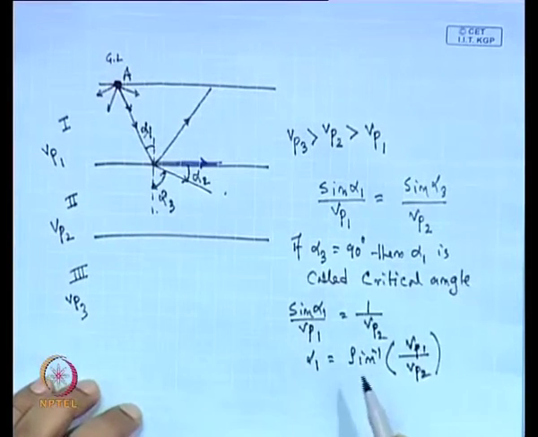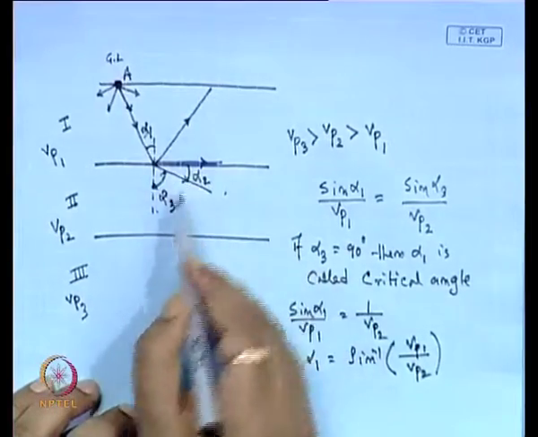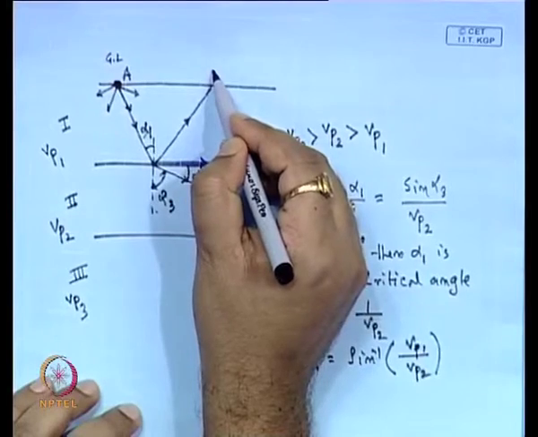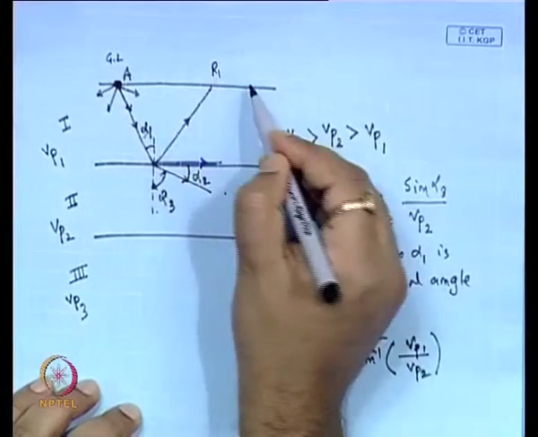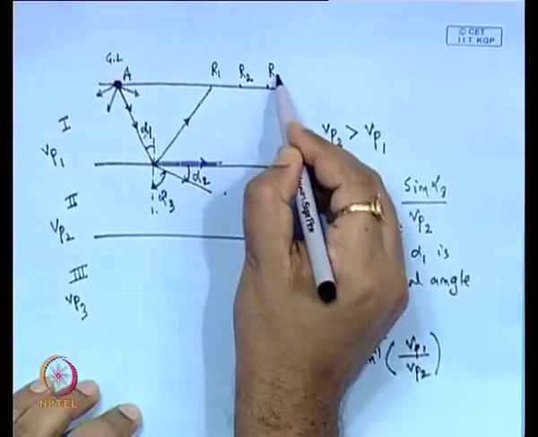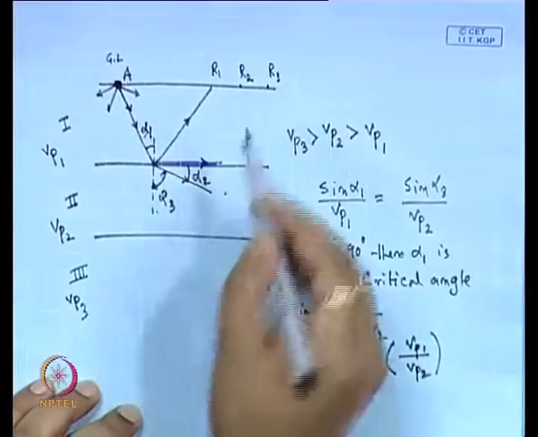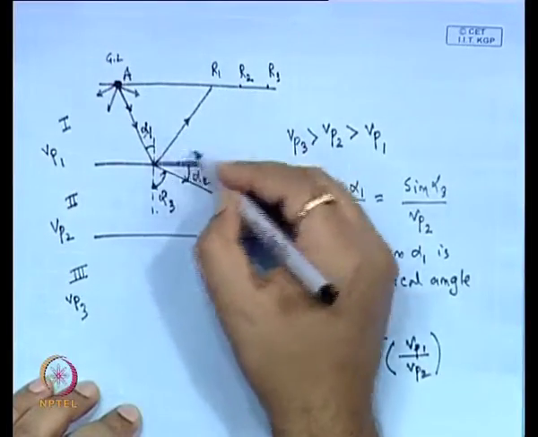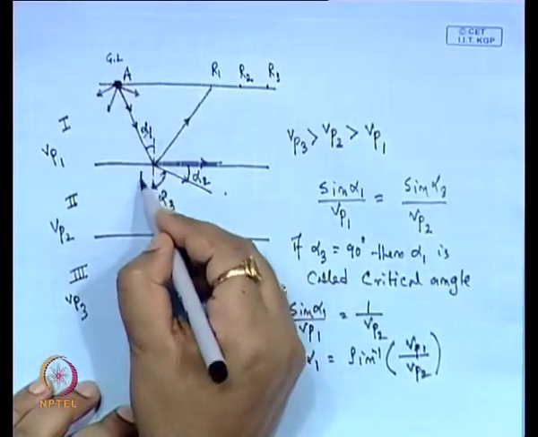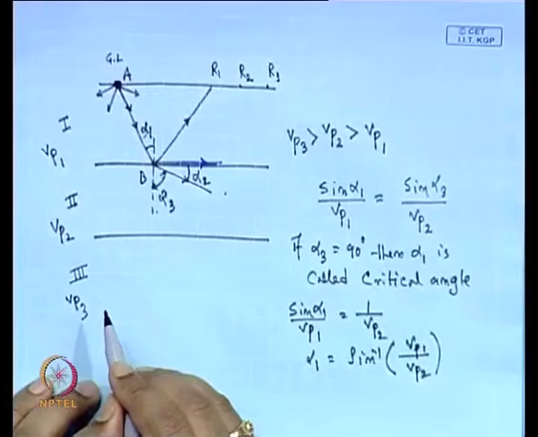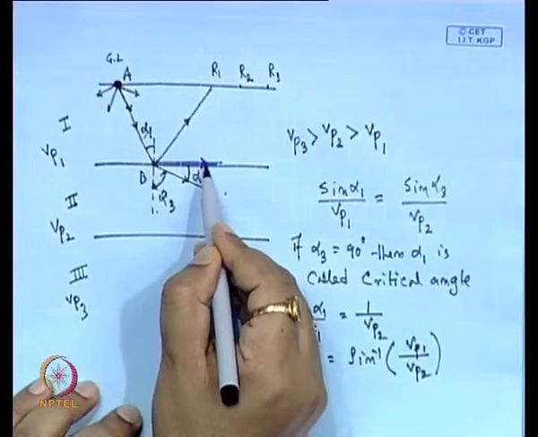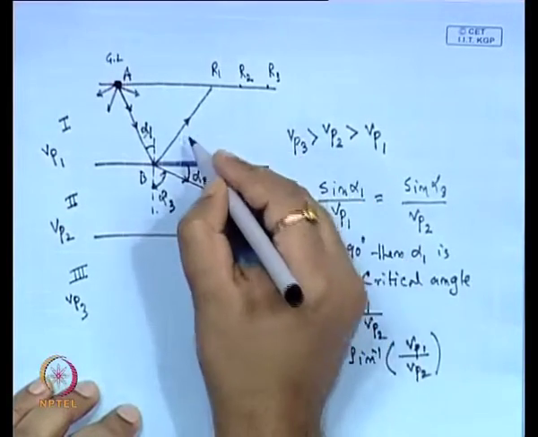So, what will happen if we put receivers at different locations? Suppose this is the position of one receiver, say R 1, and this is the position of another receiver R 2, and this is the position of another receiver R 3. Every time, this ray will pass from A to say B and then it will follow this path.